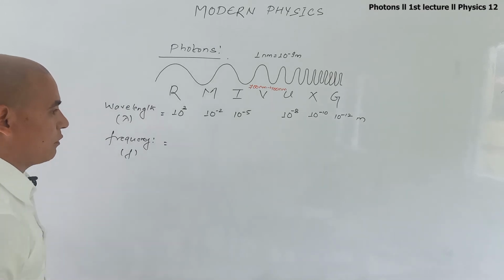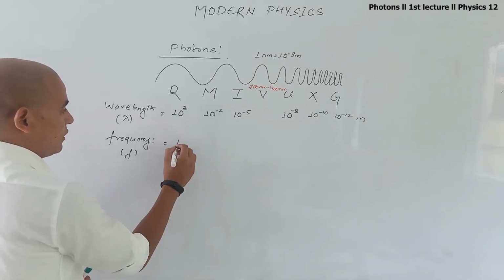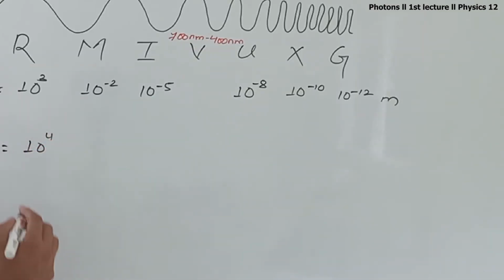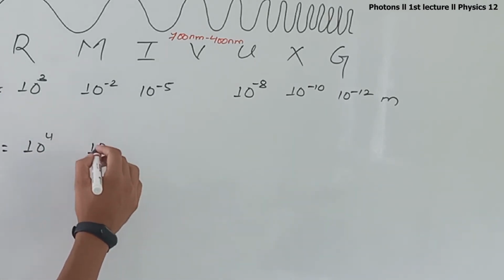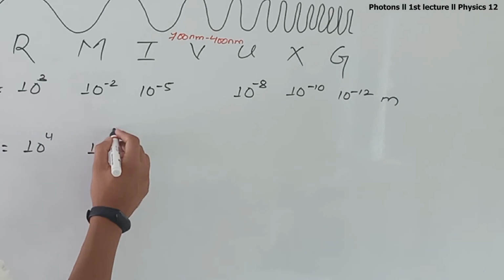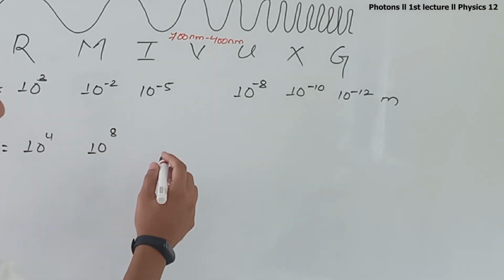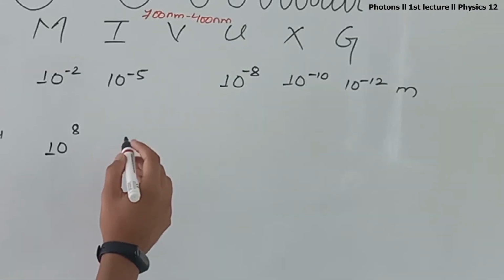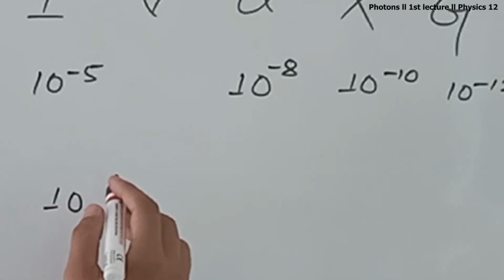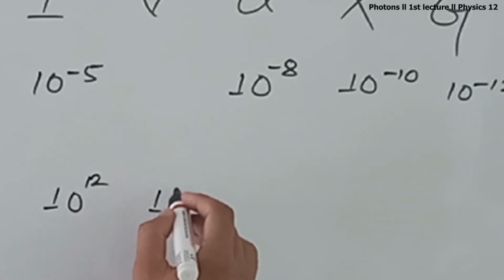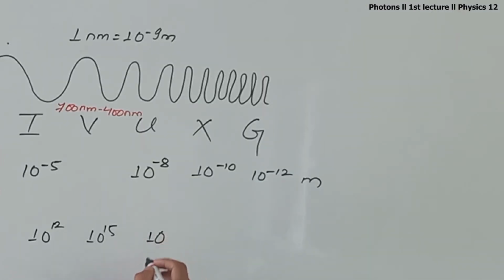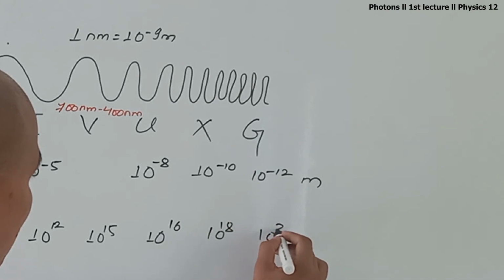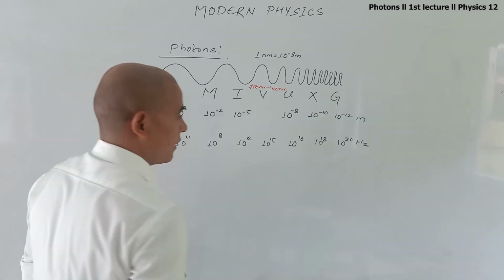The frequency of radio wave is around 10 to the power 4 hertz, microwave around 10 to the power 8 hertz, then 10 to the power 12, 10 to the power 15, 10 to the power 16, 10 to the power 18, and 10 to the power 20 hertz.